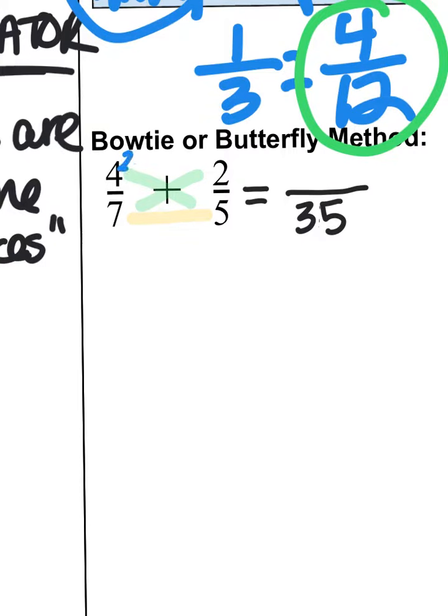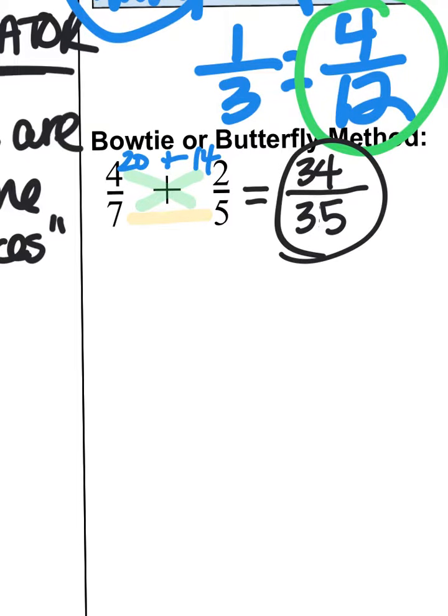Okay, we put that right here. We're doing addition, so we're going to add that together. Then we're going to do 7 times 2, which is 14. And then all you have to do is add these two numbers together. So 20 plus 14 is 34, and you're done.